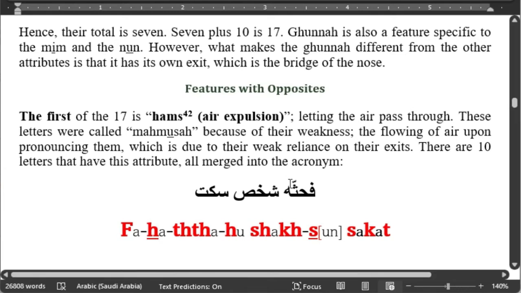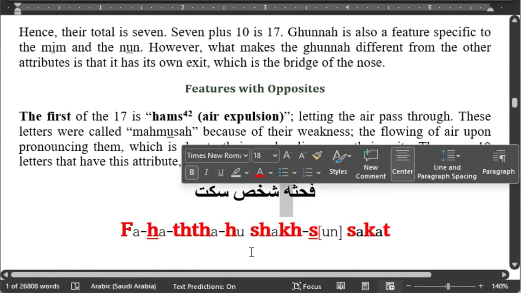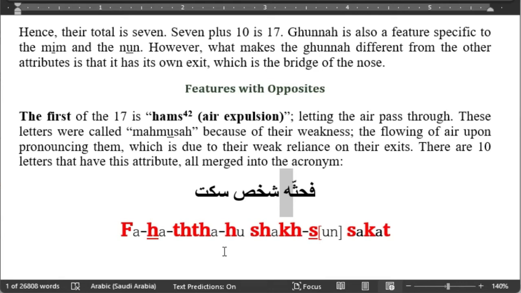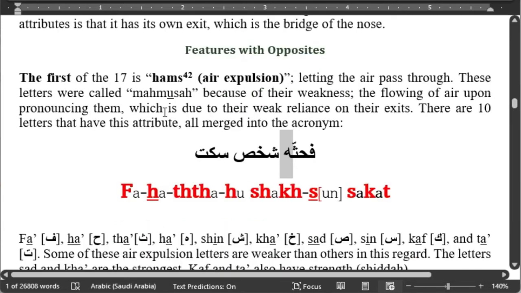But the ha is very light. You need to pay attention for that ha. Develop an ear for the Arabic so you don't miss that ha. That's why so many people say Allah without a ha, because they don't even hear the ha. Allah. So these release the air.